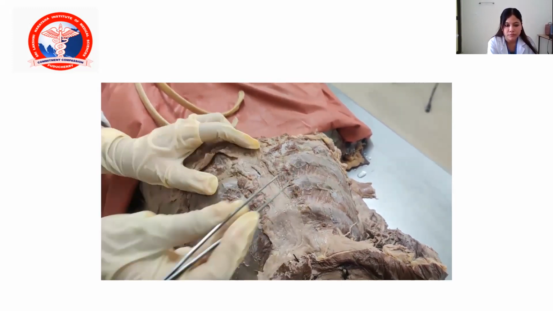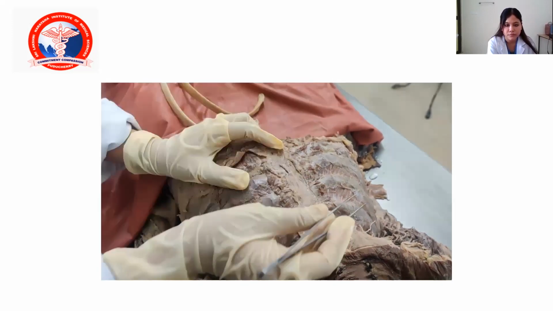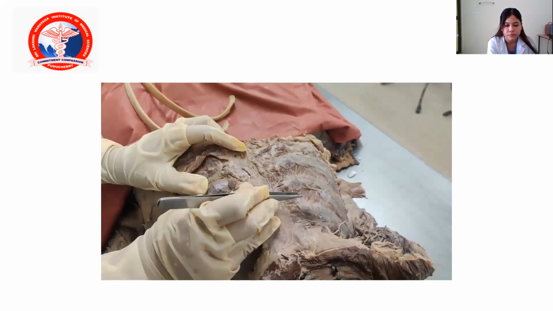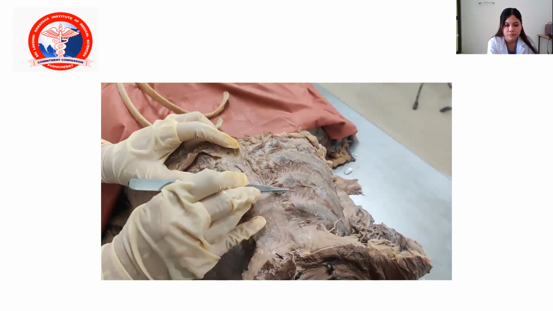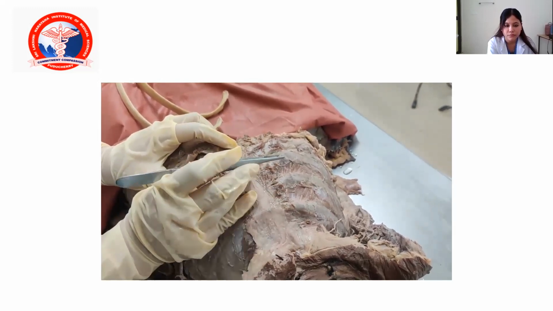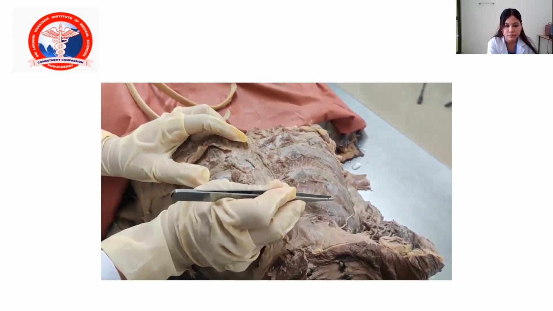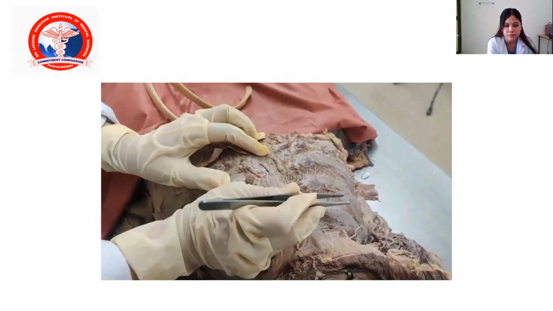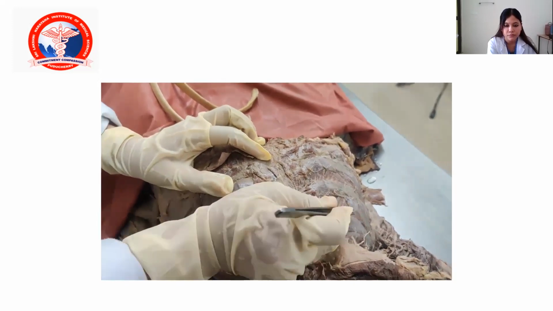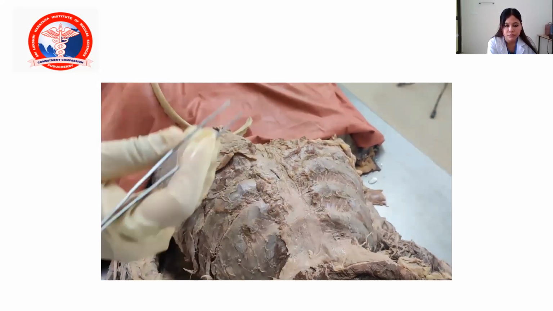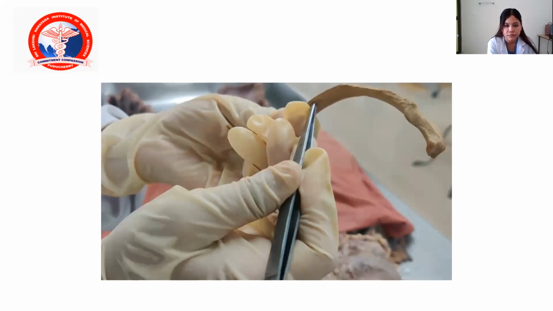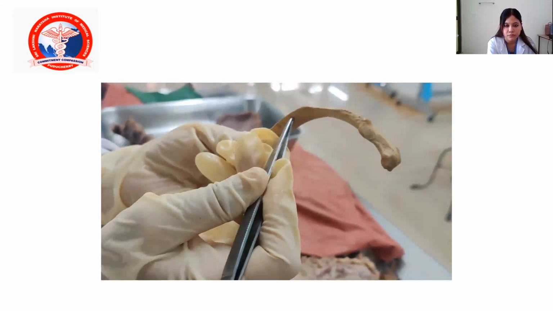Now about the internal intercostal muscle, that is intercostalis internus muscle. This intercostalis internus muscle takes origin from the inner surface or the floor of the costal groove.